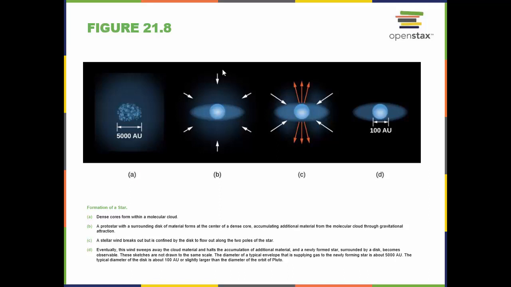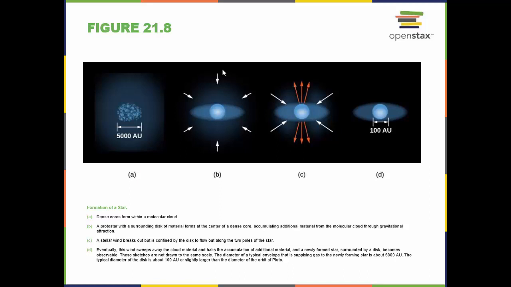In C, we see that a stellar wind breaks out, but it's confined to this disk, flowing out along the two poles of the star. So eventually, the wind sweeps away the cloud of material and halts the accumulation of additional material. And a newly formed star surrounded by a disk becomes observable.